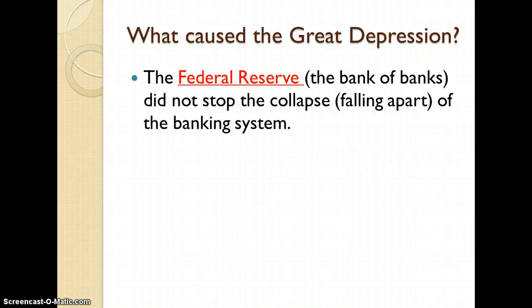Some of the banks started to fail, and the Federal Reserve, which is basically the U.S. government's personal bank, the bank that banks go to, didn't stop the collapse of the banking system. So the Federal Reserve allowed the banks to start failing, and more than 1/3 of the banks in the United States failed during the Great Depression, which is a huge problem.